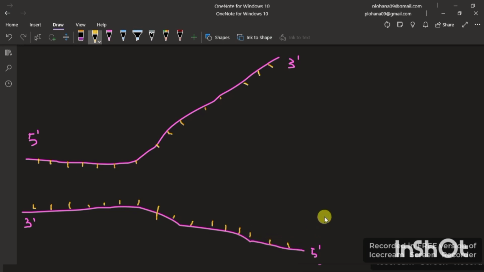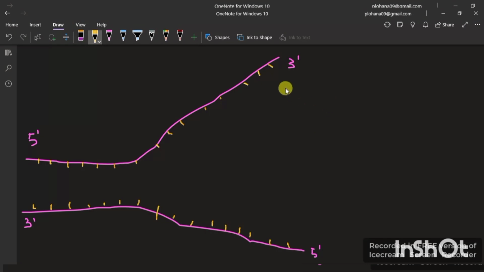Now DNA dependent DNA polymerase A will come and start working because of the conditions. According to the condition, it always works on the single strand. So this is a single strand and this is a single strand as well. The second condition of that enzyme was that from where it starts, it always works on the double strand.